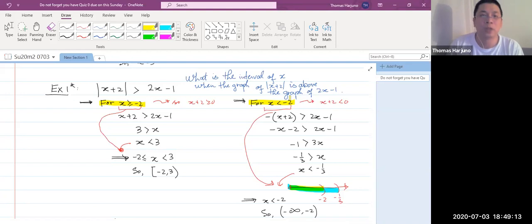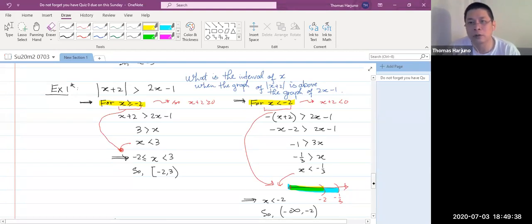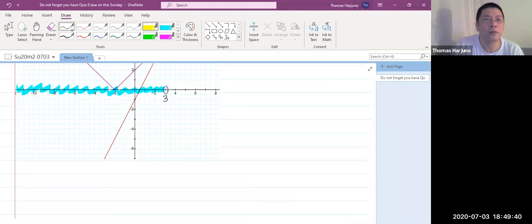This is the way you do absolute value inequality when you have a variable on the other side. When we have a chance, one day later on, I will show you a question in which you have 2 absolute values. Let me tell you what I was referring to. I'm referring to this type of question.